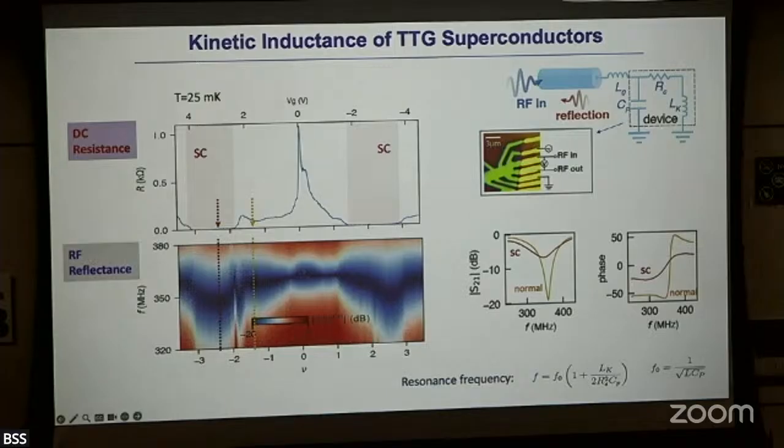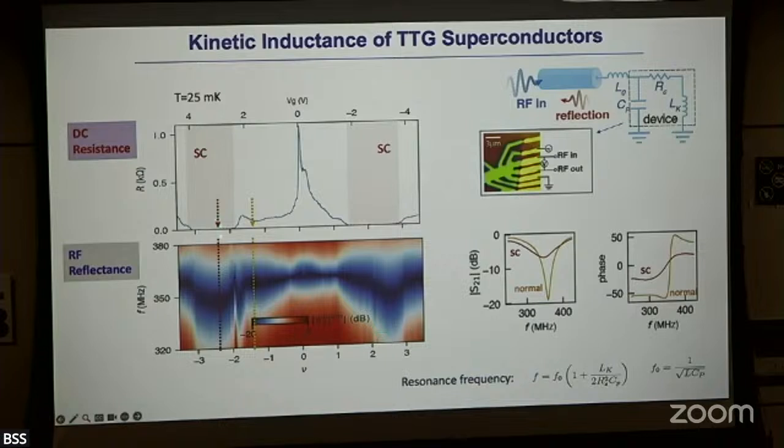So this is basically a microwave reflectance signal, as I'm going to show you. You have this reflectance coefficient, which has a magnitude as well as a phase. I'm showing the magnitude only here. This deep blue color is where a dip appears in the reflectance in the frequency range, and I'm tuning the gate voltage.